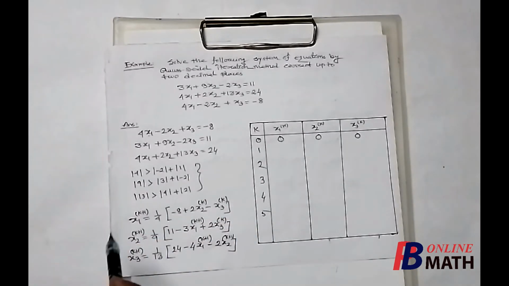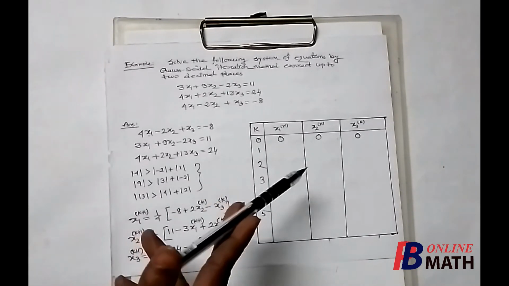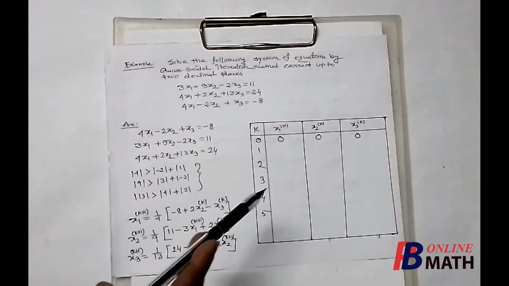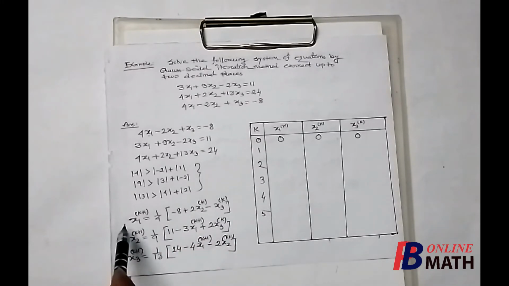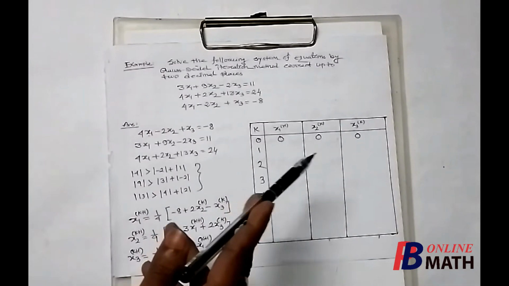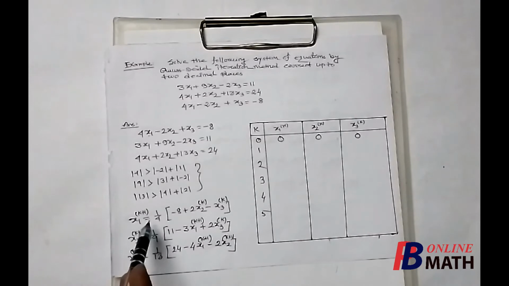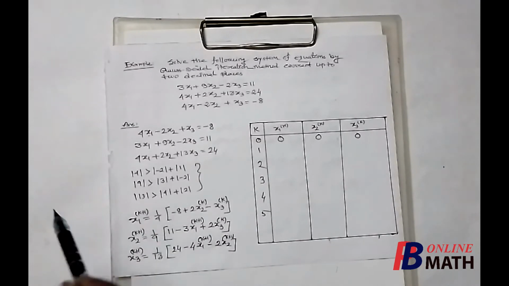If we put this solution in this iteration formula, then we get better approximations of x1, x2 and x3. Now from the first equation, if we put x2 equal to 0 and x3 equal to 0, then we get x1 equal to 1/4 into minus 8. That means we get minus 2.